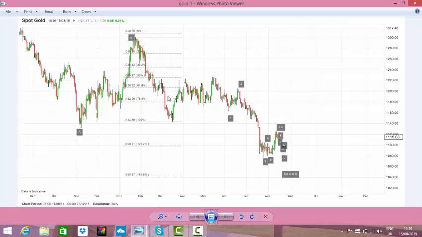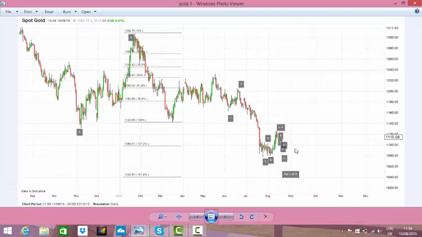This just happens to be 161.8 times wave A, and it just happens to be where wave A might equal in length wave C. We're eyeing a band in here of around $15. So it seems to be attracted to that. It's attracted to in my mind anyway. Whether it works out or not, we'll see.